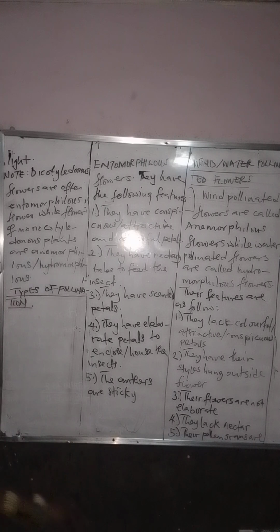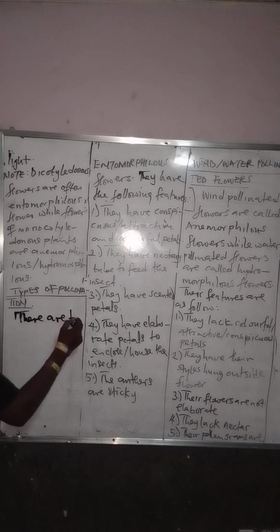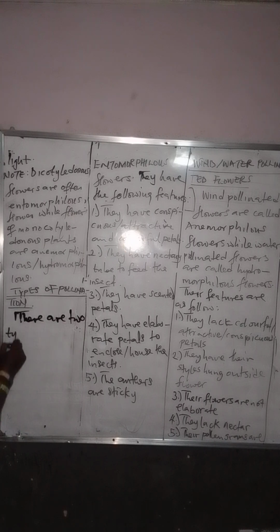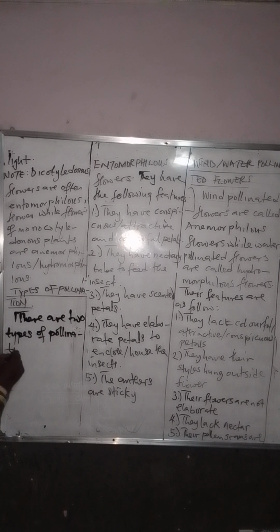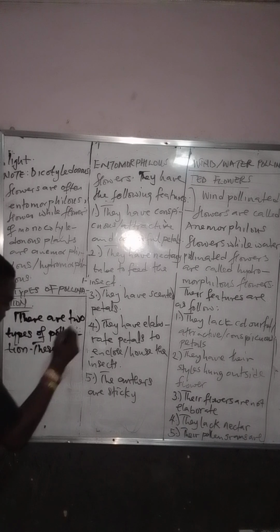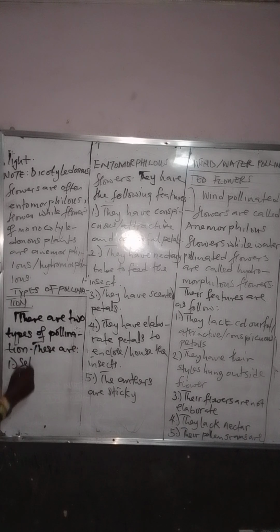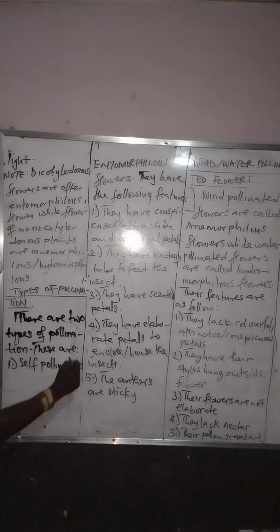Now, there are two types of pollination. What are they? These are: one, self-pollination; two, cross-pollination.